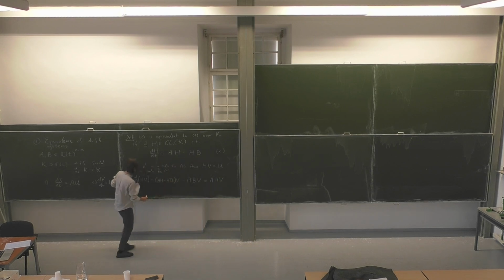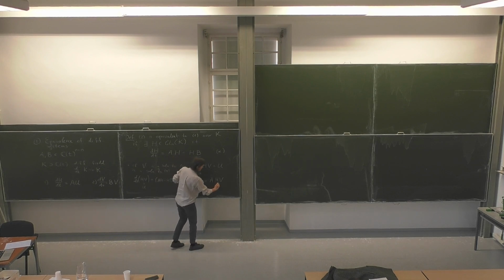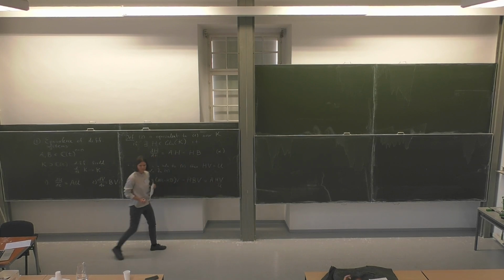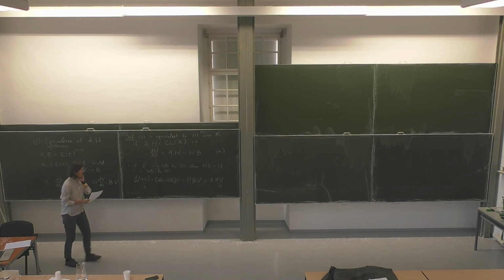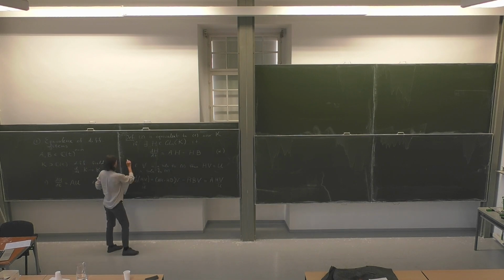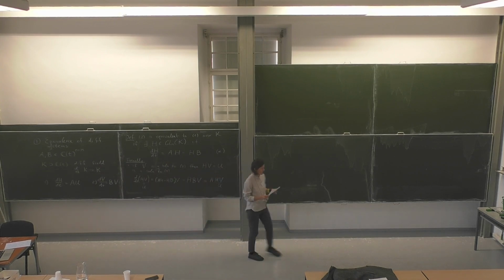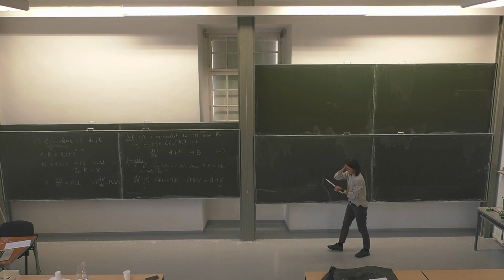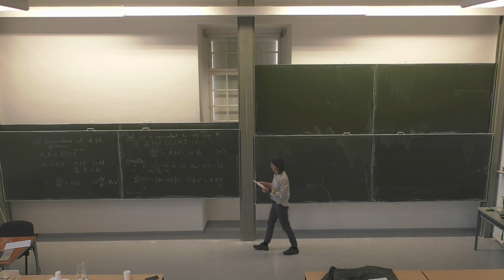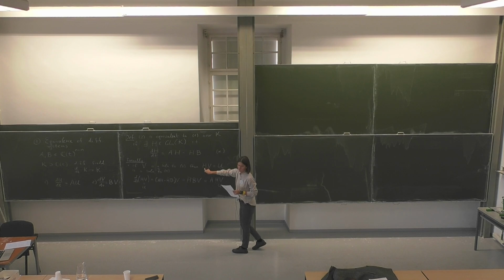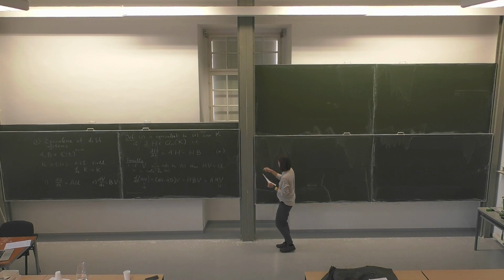So if we denote this by U, then this is AU. So let me write it that we do it formally. It may not work in general. I mean, multiplication may not work. It's not always possible to multiply H and V.